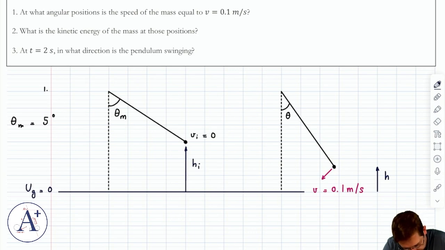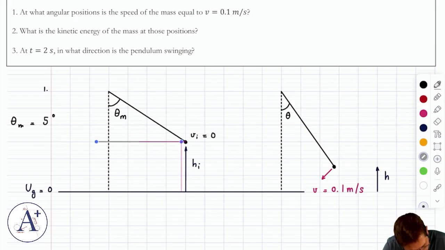Now it is fundamentally important that you know how to find h initial and h. Of course, you find both the same way, but my point is, if you do not know how to do this, you're in big trouble. I would probably stay in bed the day of the exam, because this is such a classic question that you really need to know how to find h.